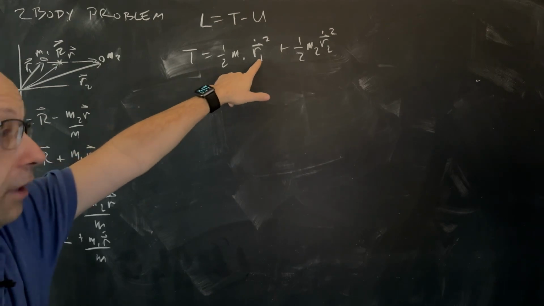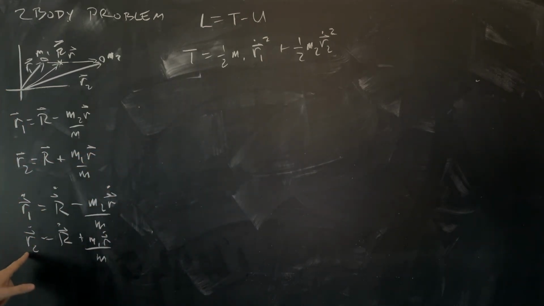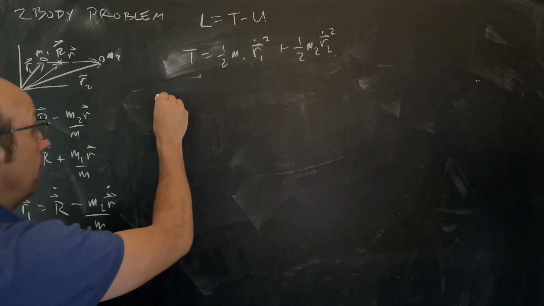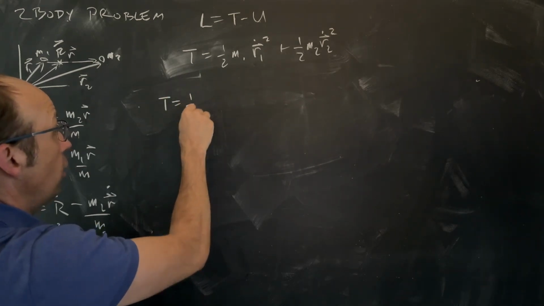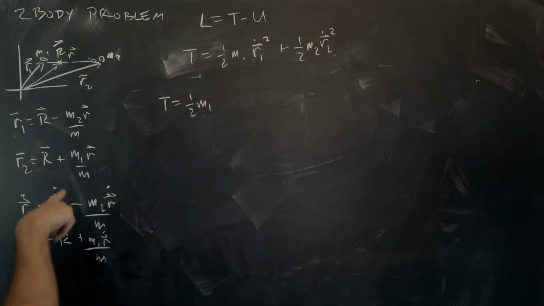Now I can plug those in up here, right? So I have the derivative r1 dot and the derivative r2 dot. I can plug that into my kinetic energy term. So T is 1/2 m1. Now r1 dot squared is going to be this squared.